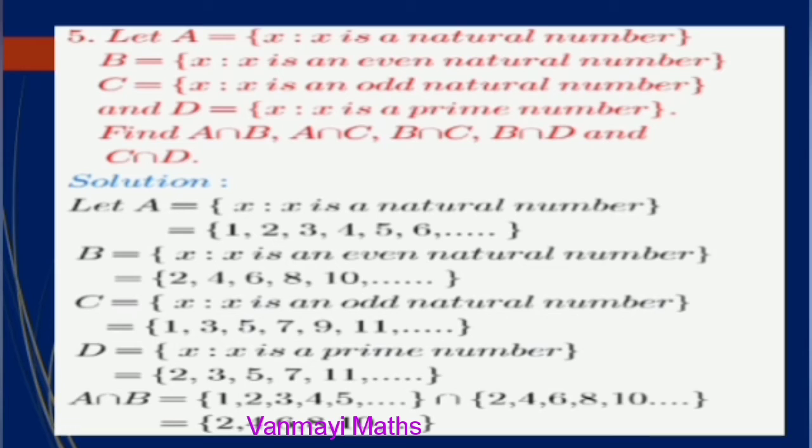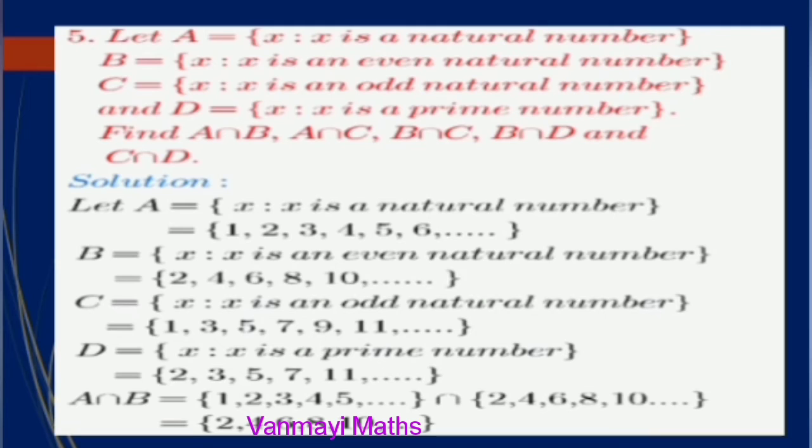Coming to the fifth question, let A be equal to x such that x is a natural number, B is equal to x such that x is an even natural number, C is x such that x is an odd natural number, and D is x such that x is a prime number.